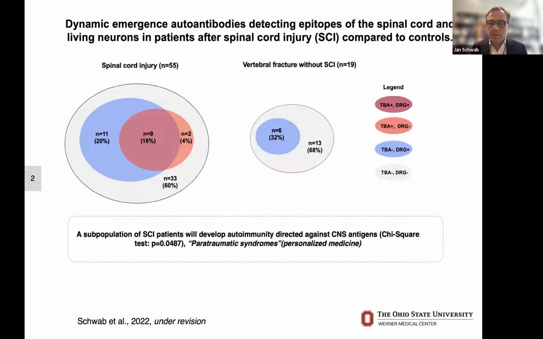Very likely we see something also developing after a traumatic spinal cord injury, again affecting only a subcohort. But these paratraumatic syndromes may also be a chance for personalized medicine to improve outcomes.